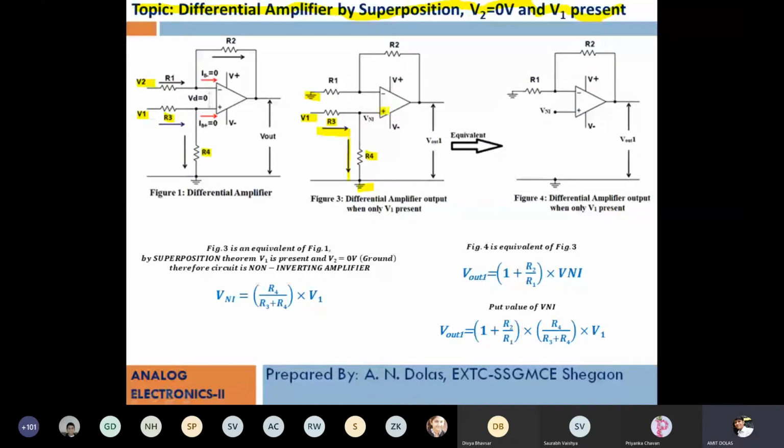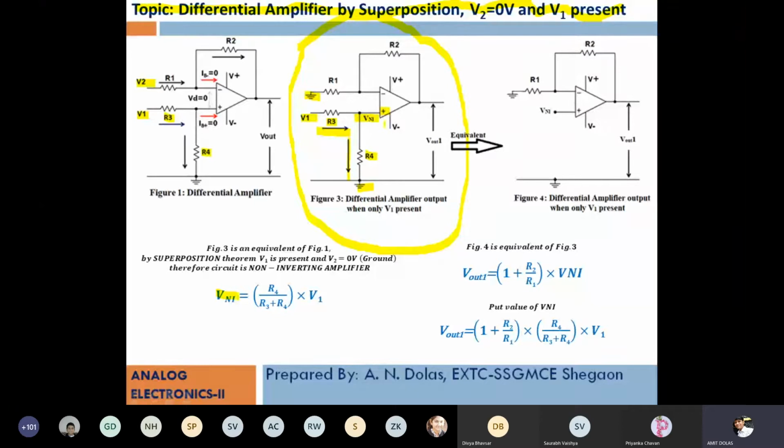But we will be able to calculate the voltage at this point, that is the voltage at the non-inverting terminal.